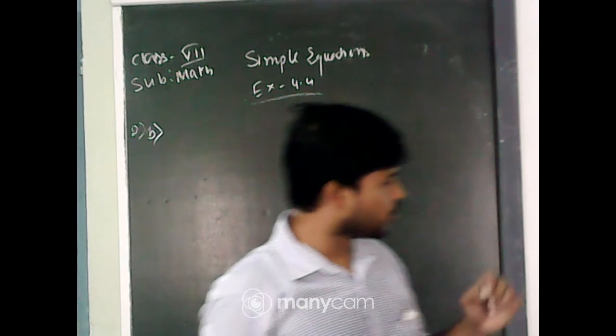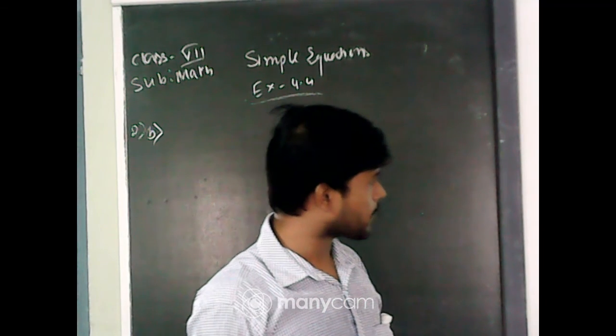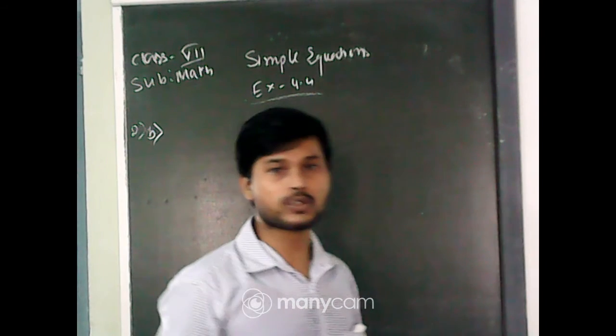So in an isosceles triangle, the base angles are obviously equal. So tell me one thing, do you know the definition of an isosceles triangle?